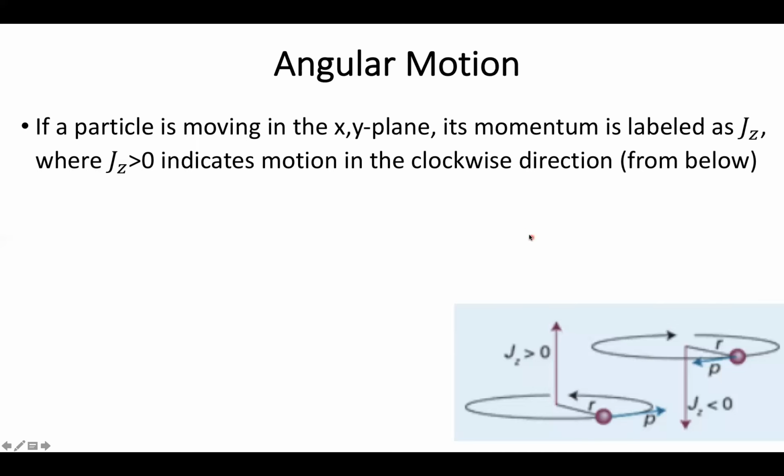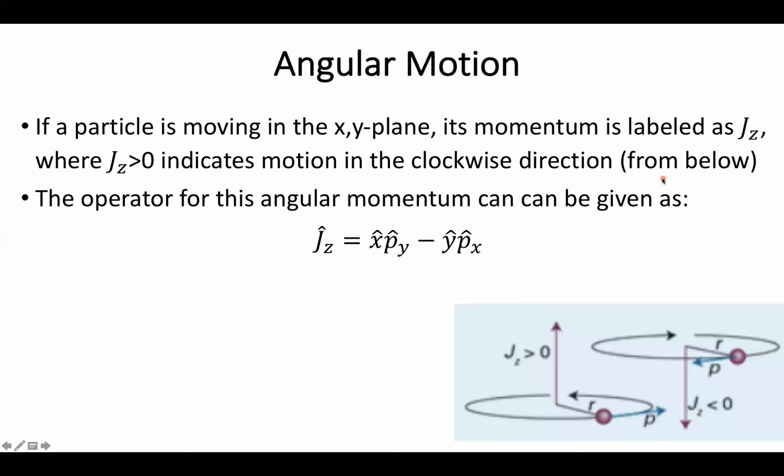Now, in order to mathematically describe our angular momentum, we can use, not too surprisingly, an angular momentum operator. The angular momentum operator for this z direction, so angular momentum going up, is given by a combination of position and momentum operators, which, as you may notice, is going to be hell on any sort of separability of our wave functions, which is something we're going to have to acknowledge a little bit later.